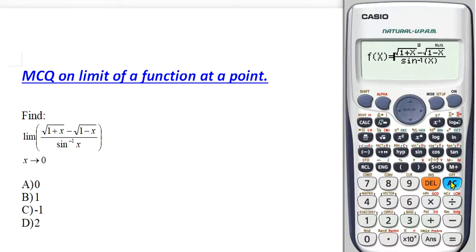Okay, again insufficient. Let me change the step size. Okay, that's enough. Here we have just calculated that the limiting value of this function is 1. Okay, let me just take the next step.